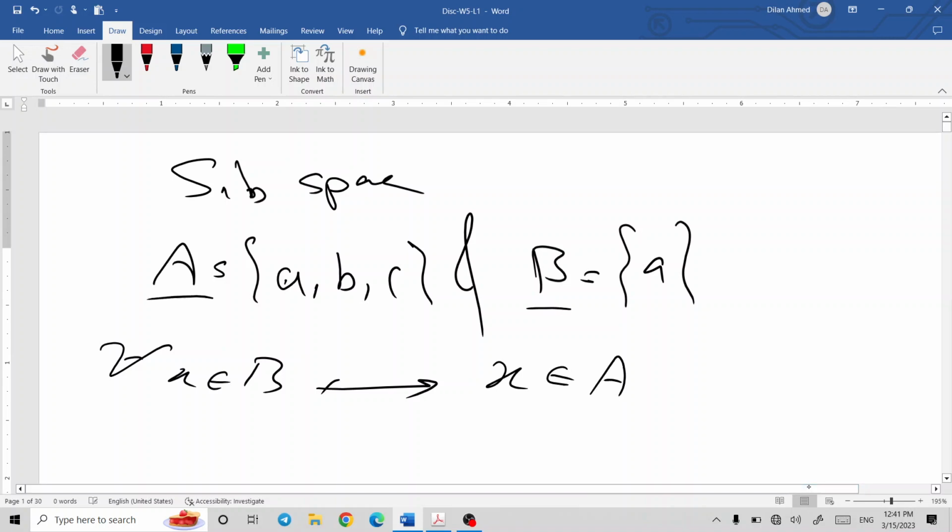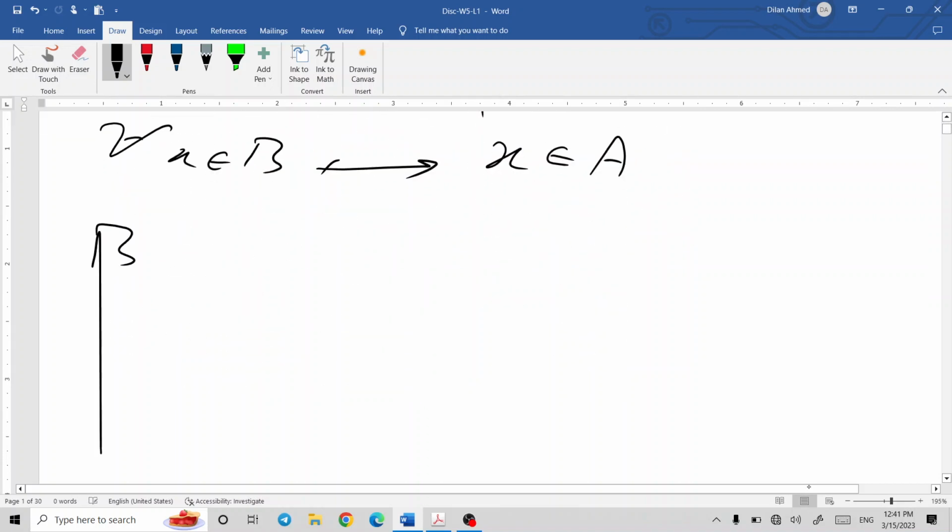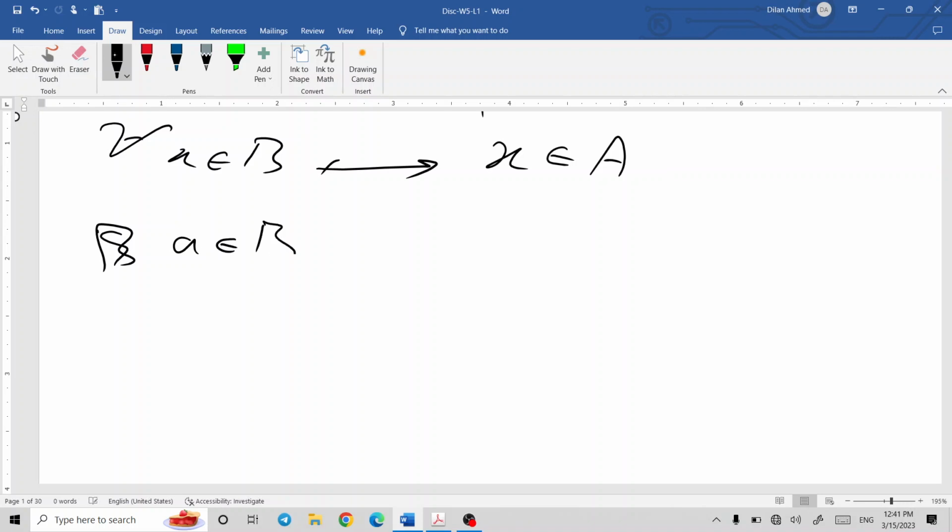Look at A and B. We have a set B which contains only one element, small a. Then you can find small a in the capital A, right? So it means that this element is here.